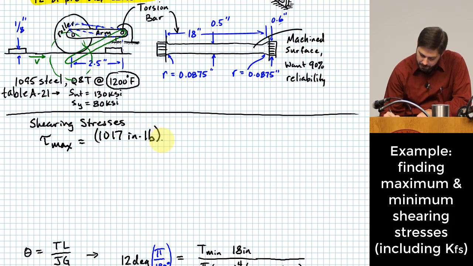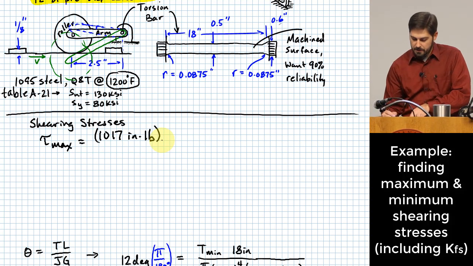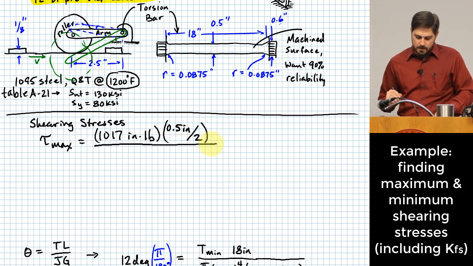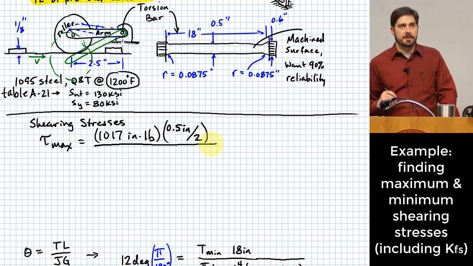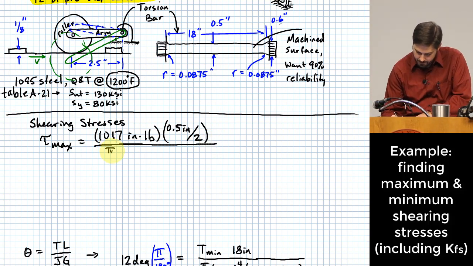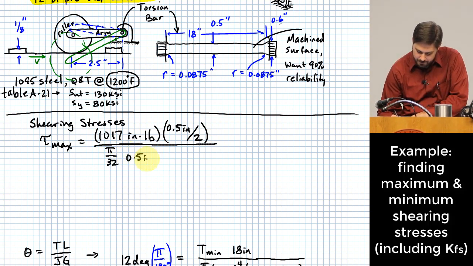The formula that we're using here is Tc over J. C is the radius of the shaft, and that is going to be half an inch over 2, correct? All right, and then in the denominator, we have J, pi over 32 times 0.5 inches to the fourth.